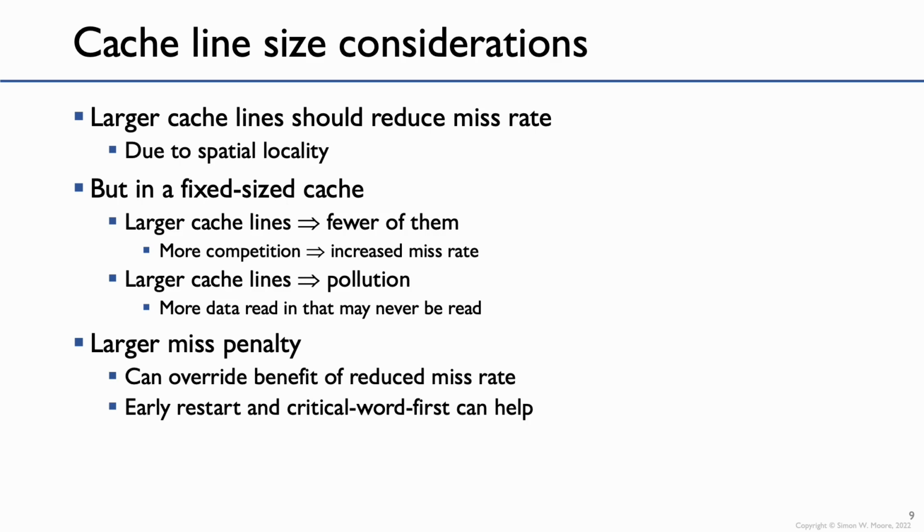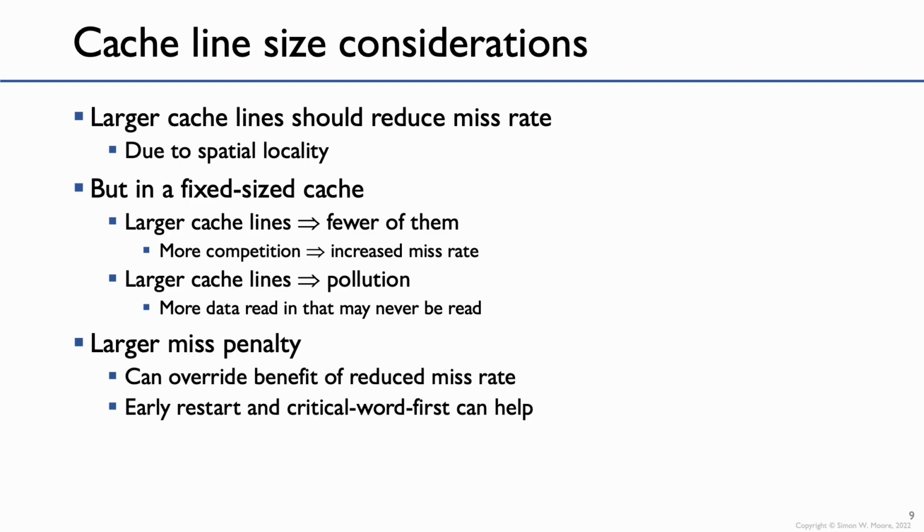We also get problems of cache pollution for larger cache lines, in that probabilistically we might read in more data that we'll never actually use, and so that's inefficient. So there is a real trade-off here.